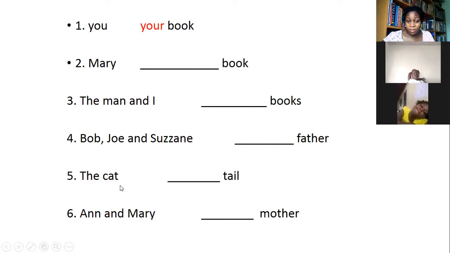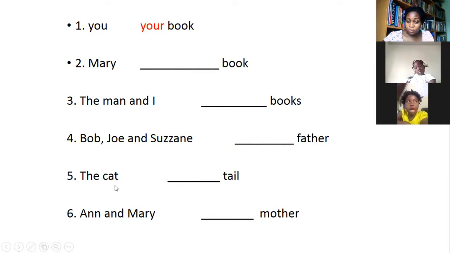The noun is the one showing ownership, the one who owns the item. So the possessive adjective comes to replace the noun to show what? Ownership. Jolly, I need you to focus. This is the cat's tail. So which possessive adjective would you use to replace the cat?